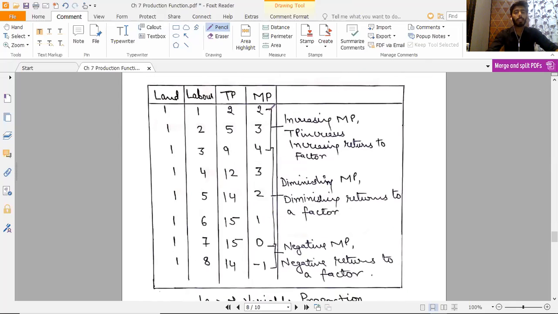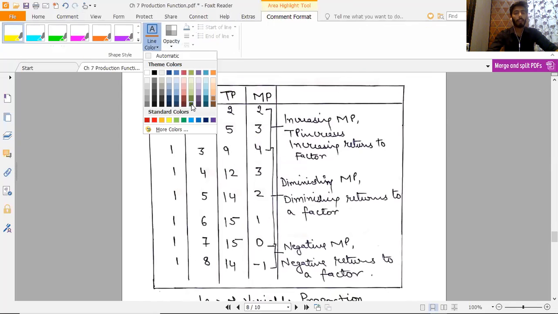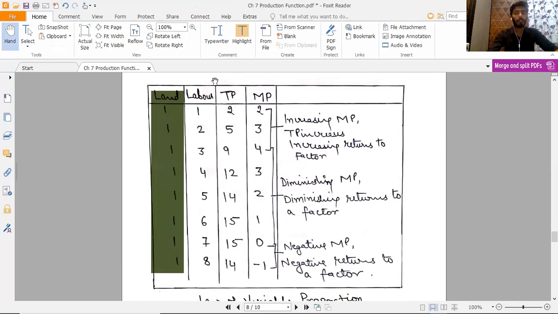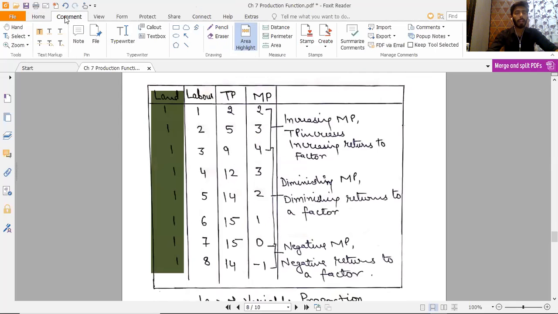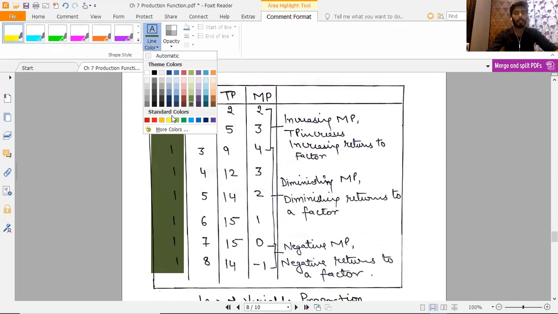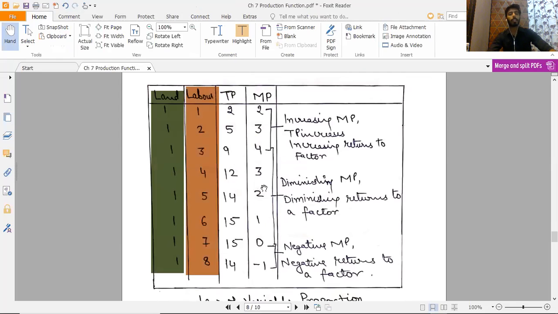Now see, this is a table where we have land, labor, TP and MP. Land is a fixed factor that remains constant throughout, that is 1, 1, 1, 1, 1. And then labor is a variable factor, which keeps on increasing.